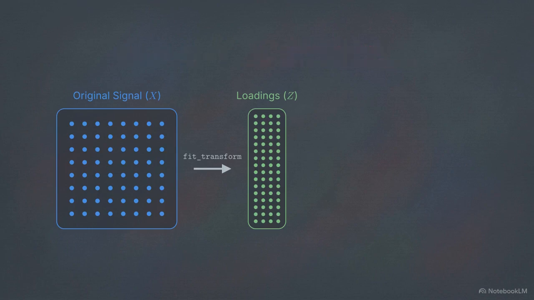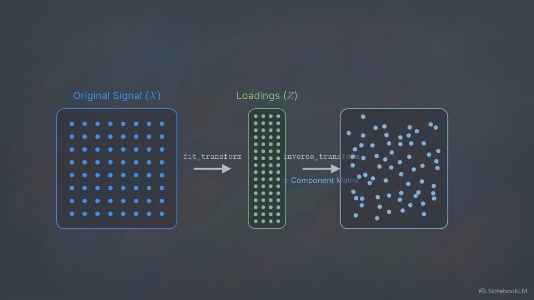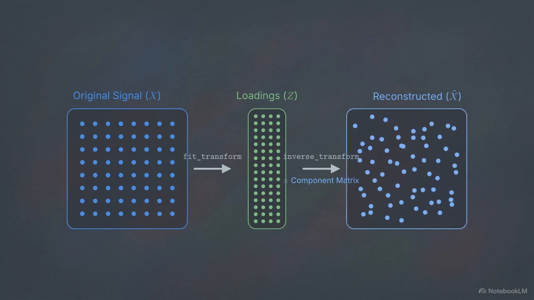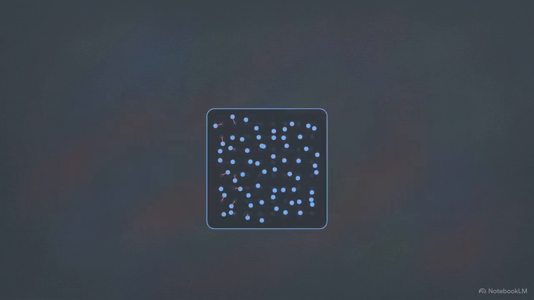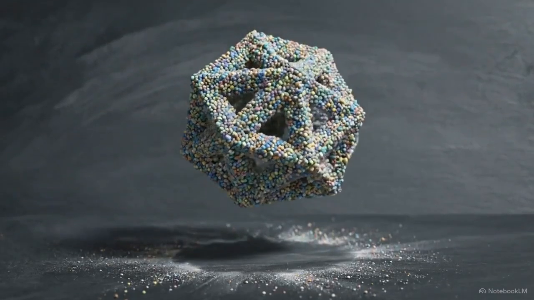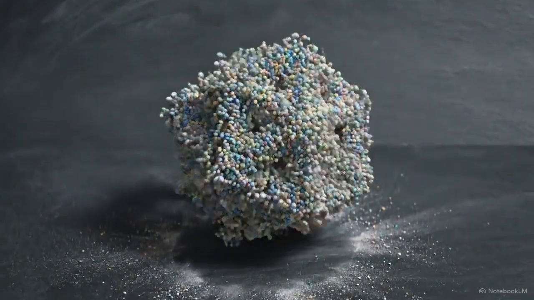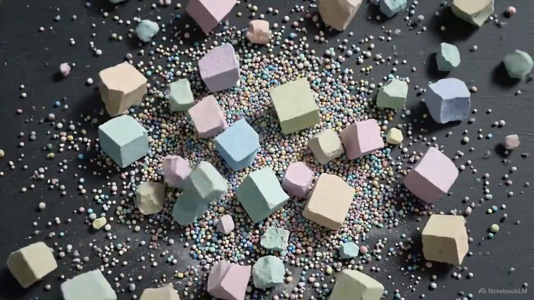That is mathematically invalid. You are comparing points in completely different coordinate systems. To correctly measure the error, you absolutely must use the inverse transform function. This multiplies your compressed vector by the component matrix, projecting the data backward into the original high-dimensional signal space. True physical information loss is only measured by comparing your original signal to this reconstructed signal. Then you see exactly what the algorithm threw away.